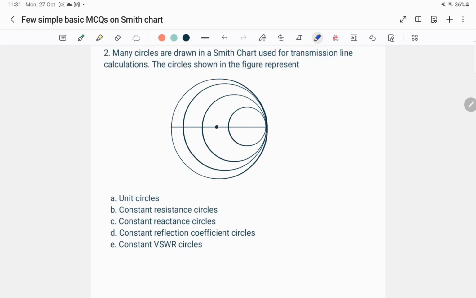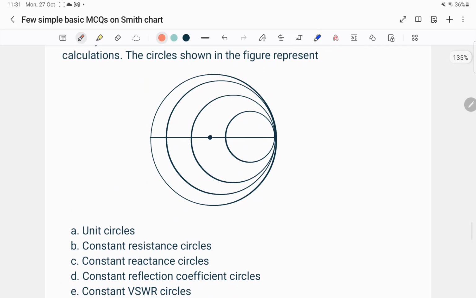No. We know very well that the circle which passes through the center of the Smith chart, or in other words through the locus of the matched load point, this is the locus of matched load, also the center of the Smith chart, right? This particular circle is a unit resistance circle, also called the unity resistance circle.